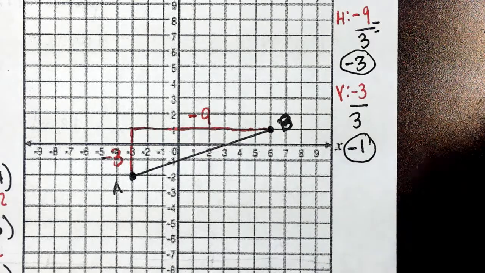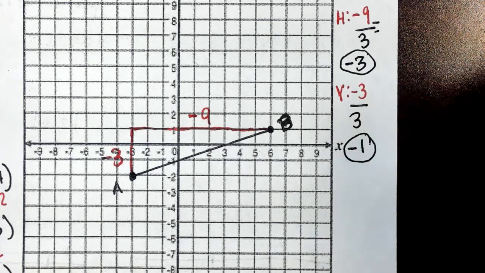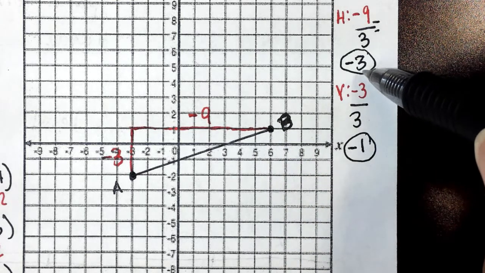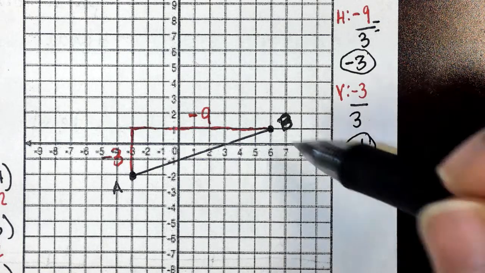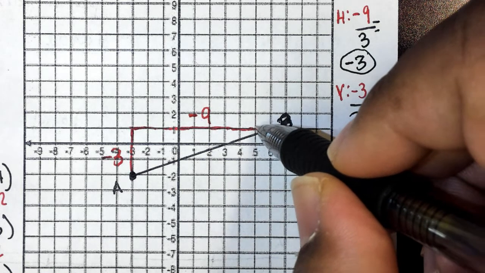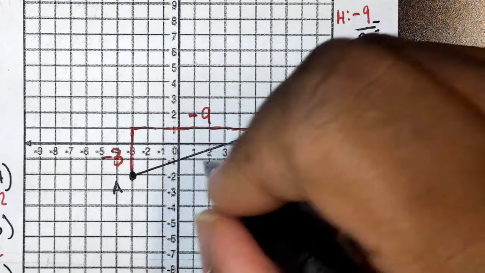So like I said, if it's even, you could just count them on the graph. Like these are even numbers, so I could just count them on the graph if I wanted to. This is telling me how to move. Horizontal is telling me to go to the left 3 and then down 1 to do each of my partitions. And I can do that if I wanted to. I can go back 1, 2, 3, and then down 1.